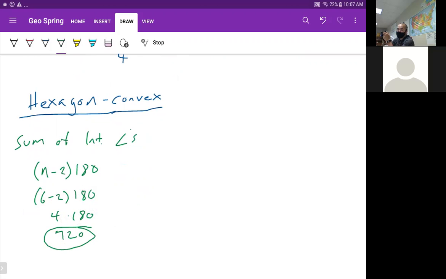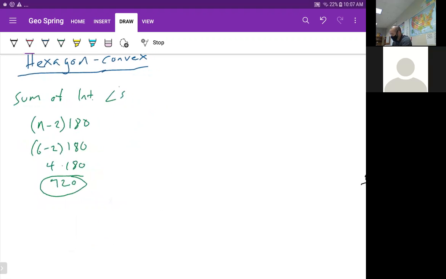What else does it want you to do? What's the measure of each interior angle? On 9 and 10, you have to find the measure of the interior angles.